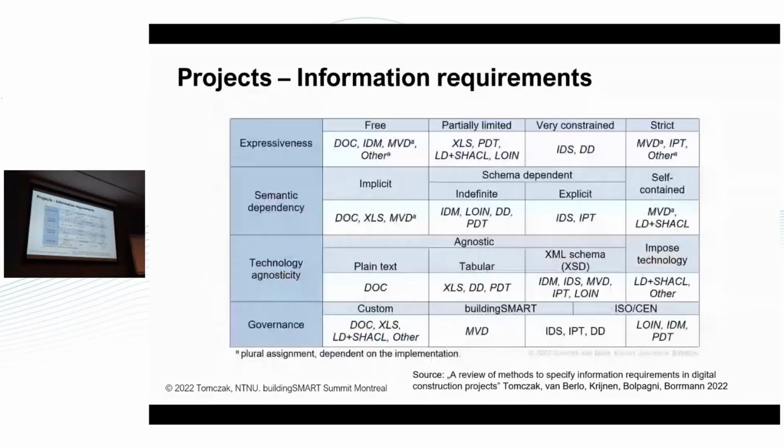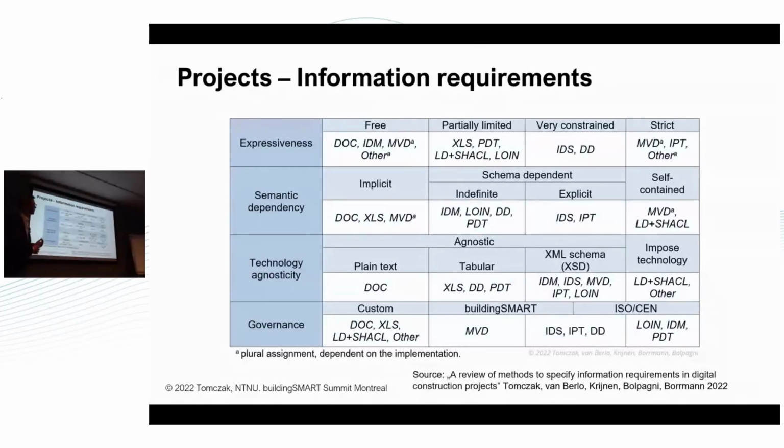I don't know if something changed since we wrote the paper, but this is also another visual summary of our paper, which I will try to simplify. So for example, when you talk about expressiveness, so how free are we to define our requirements?